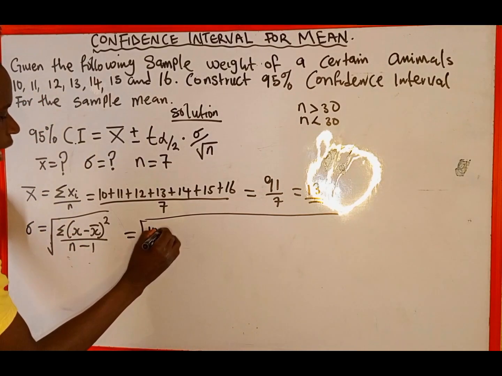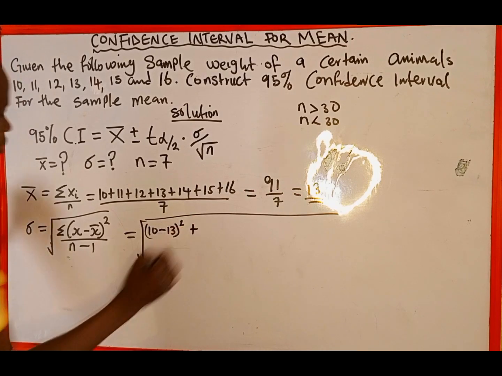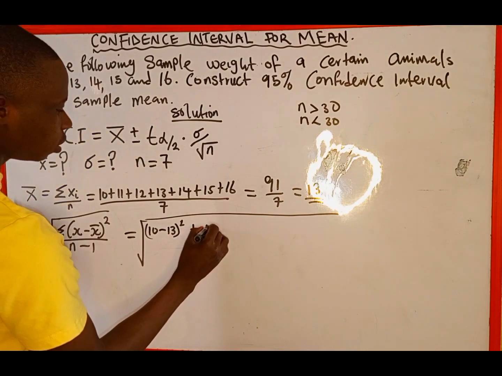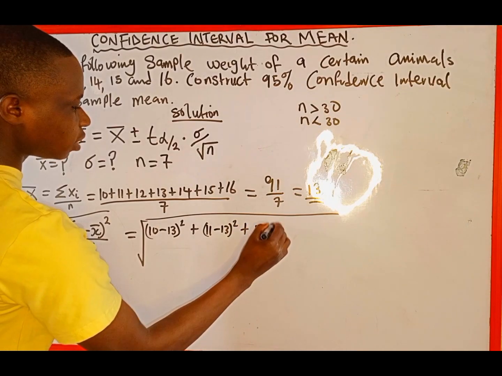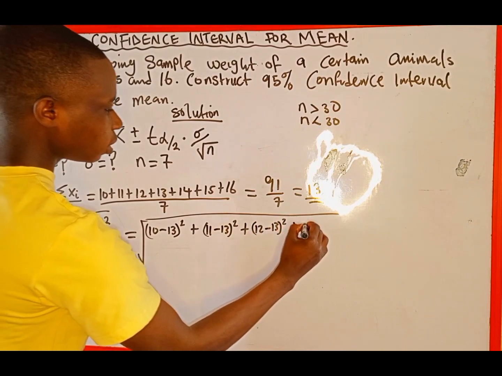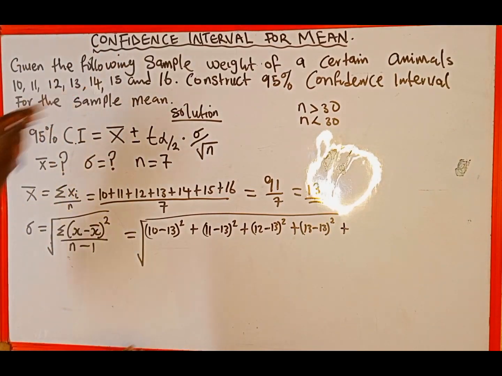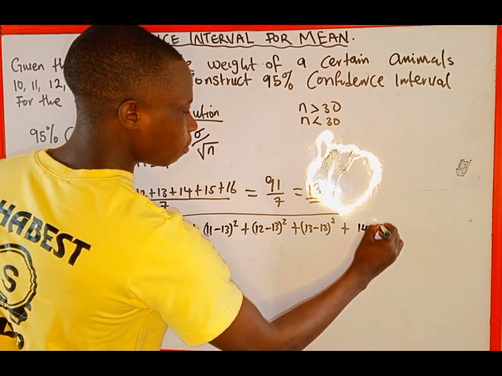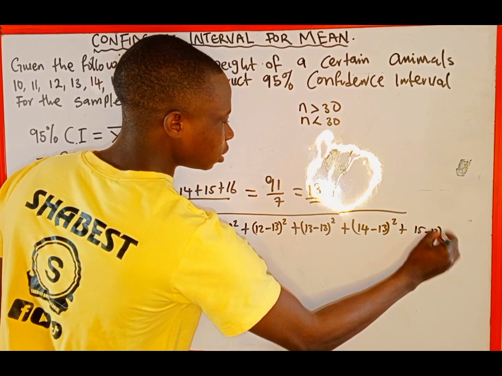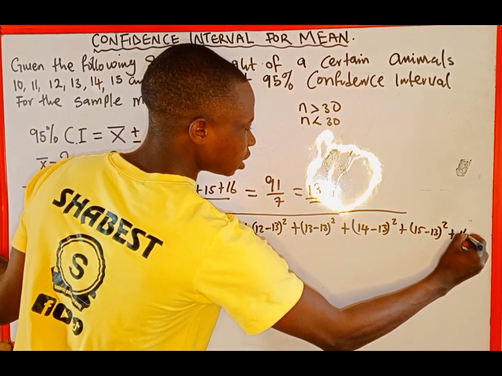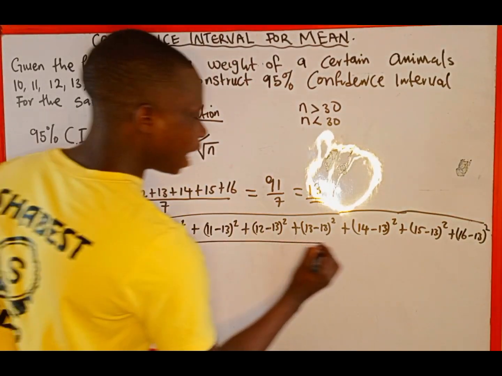So we're going to have 10 minus x bar, which is the mean, minus 13 squared, plus the second x, which is 11: 11 minus 13 squared, plus 12 minus 13 squared, plus 13 minus 13 squared, plus the next one, which is 14: 14 minus 13 squared, plus 15 minus 13 squared, plus the last one, which is 16 minus 13 squared, all divided by n minus 1.